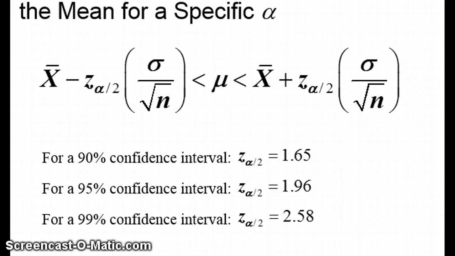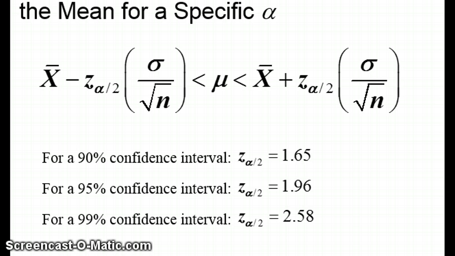Down below, I've got for a 90% confidence interval, our Z values, what we're going to use, those are called our critical values, and we're going to say that the Z critical values are 1.65. So the level of confidence is the middle percent of the standard normal distribution. So you're going to set that in the middle so that 90% is at the middle of the normal distribution with 5% in each tail.